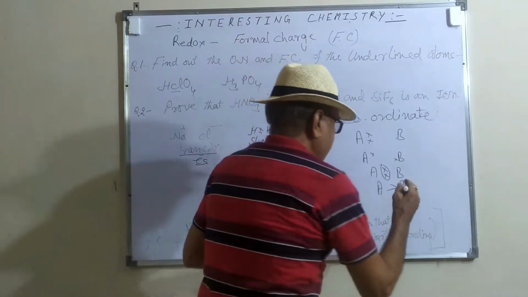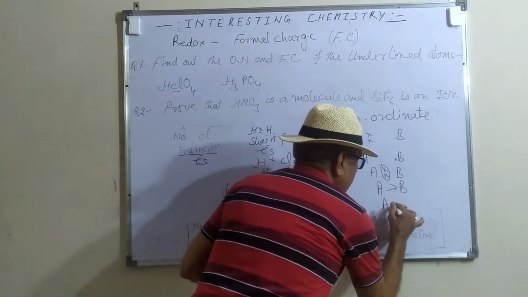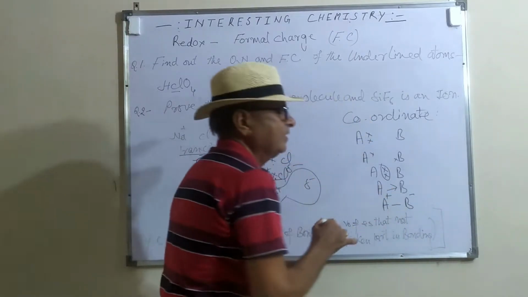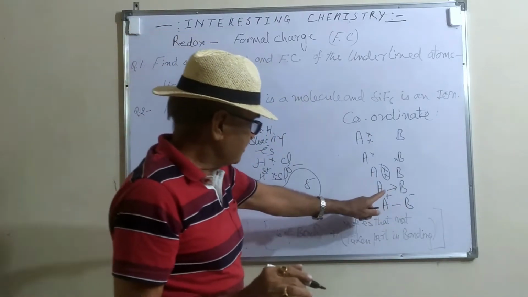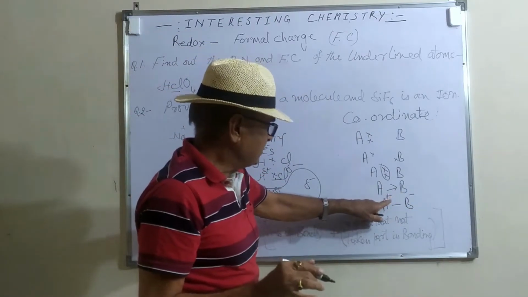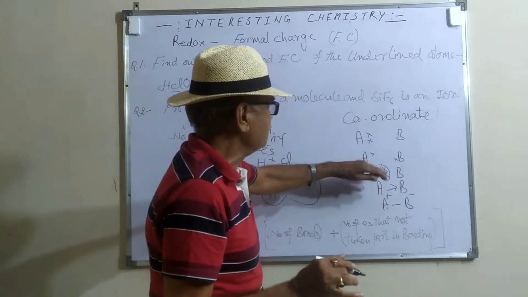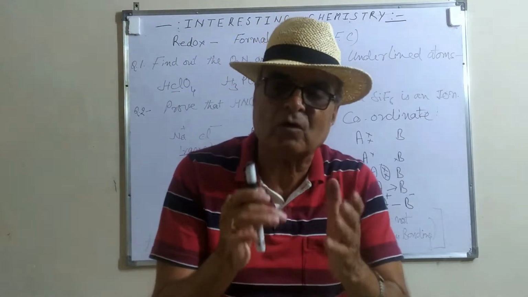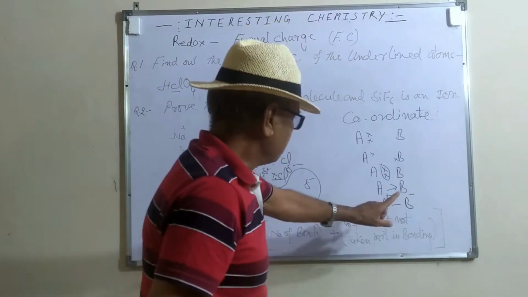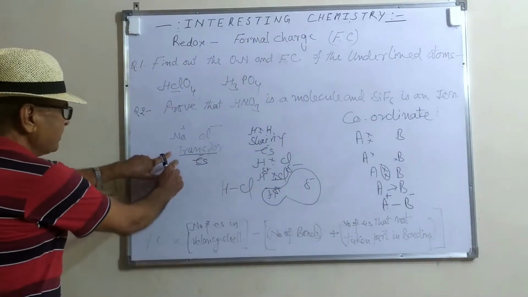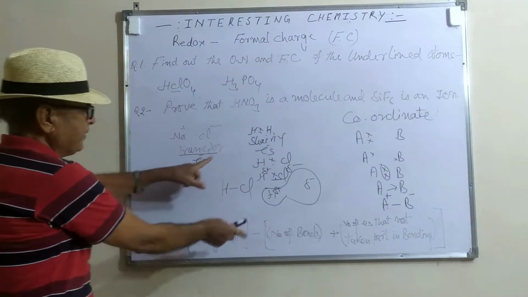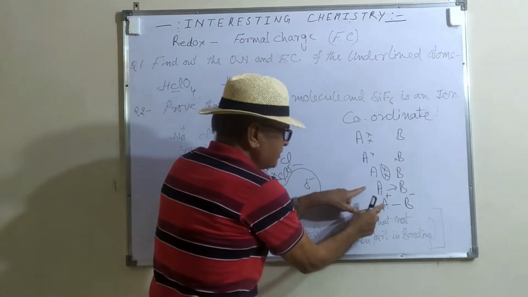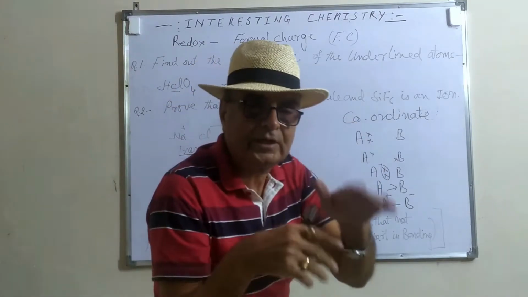Here you will find this is negative and this is positive. This negative and positive is the formal charge that is found in coordinate compounds. It is totally different from ionic, which is a complete transfer of electrons, and from covalent, which is a shifting of electrons. This is a transfer, but not a complete transfer.